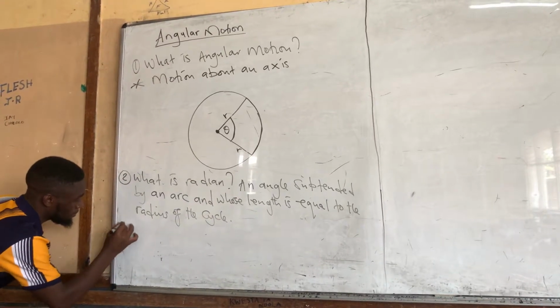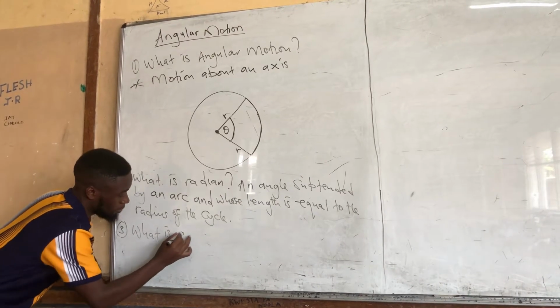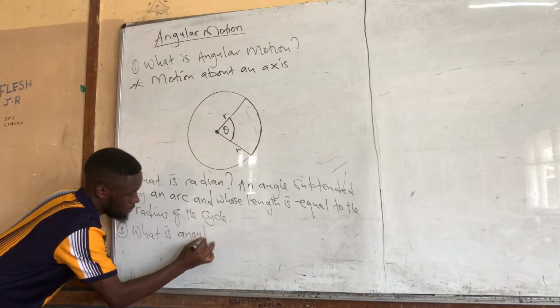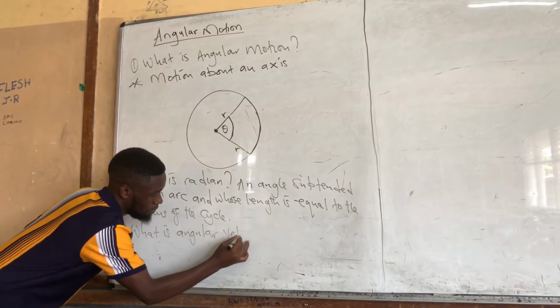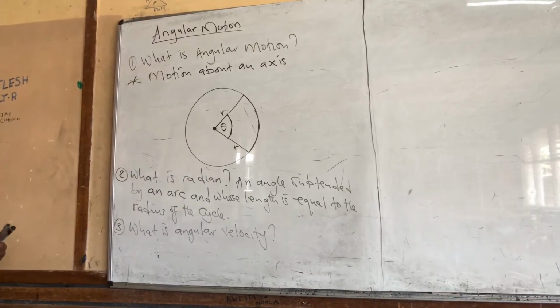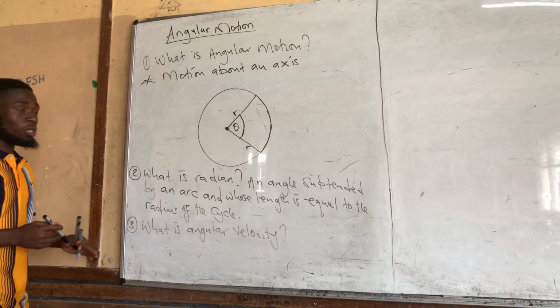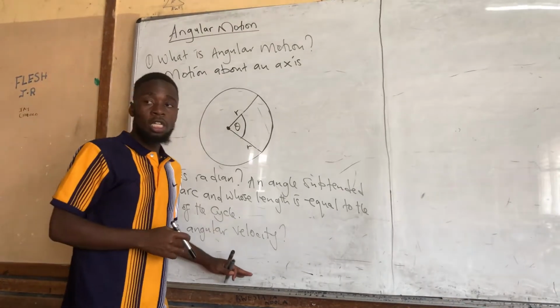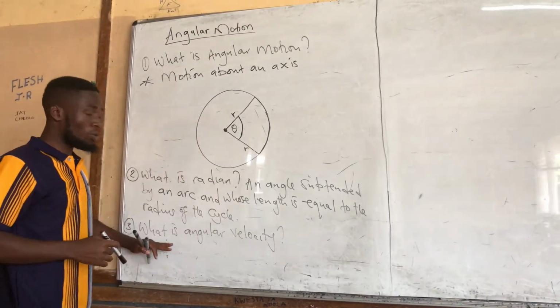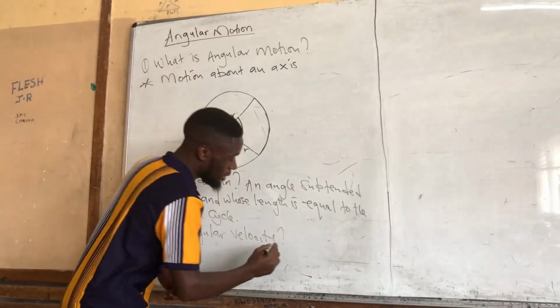Number 3 here. What is angular velocity? So what is this angular velocity here? So we know that velocity is just the rate change of what? Displacement. But in this case, because we are talking about angular, so velocity is the rate change of what? Angular displacement.